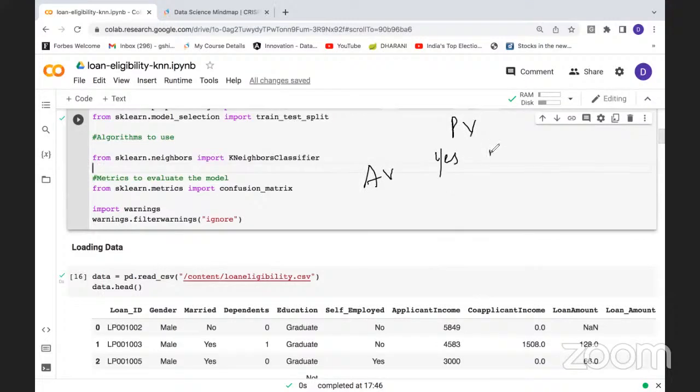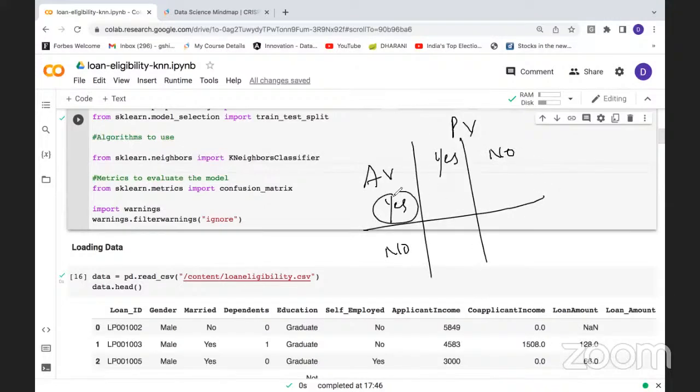Two cases are there: yes and no, approved or rejected. How many cases are actually yes and your model has predicted yes? How many cases are actually no and your model has predicted no? These others are errors, where actual value is not equal to predicted value. Both the scenarios are the cross marks.